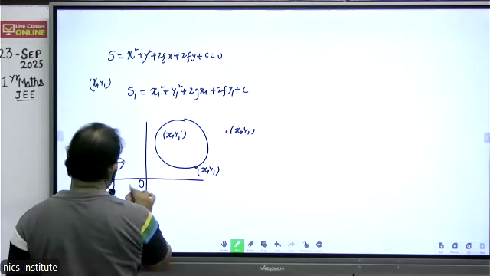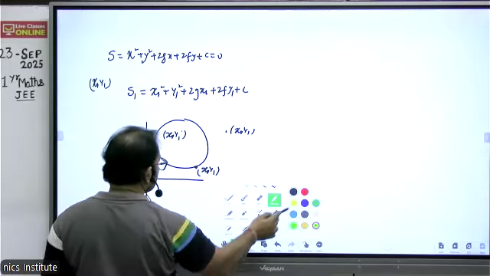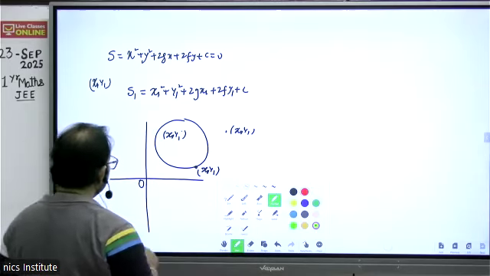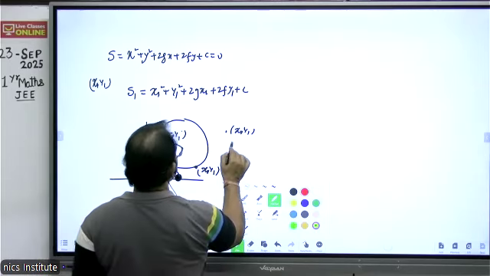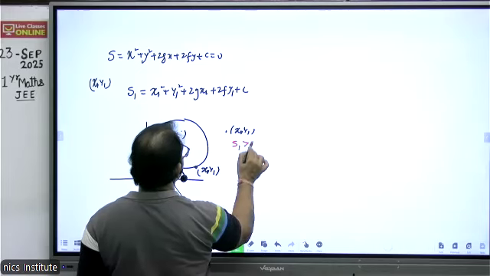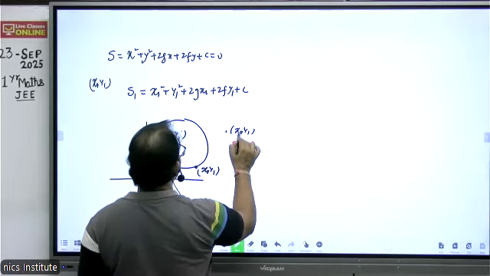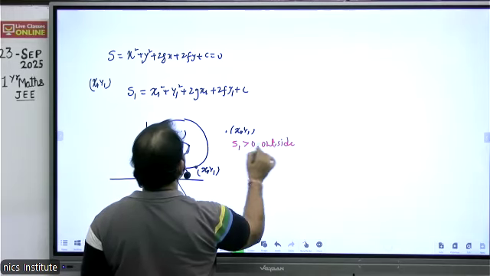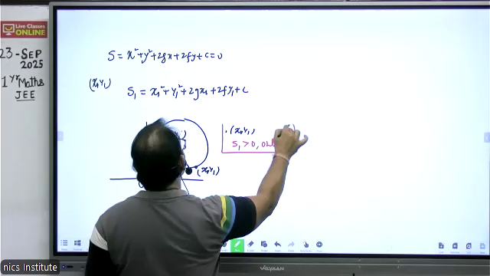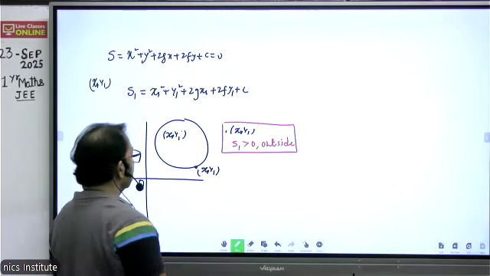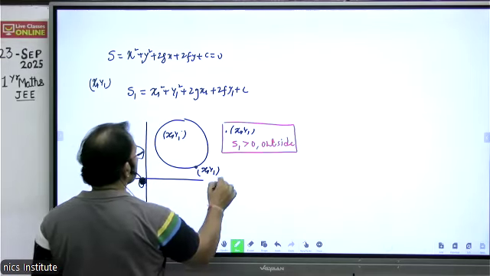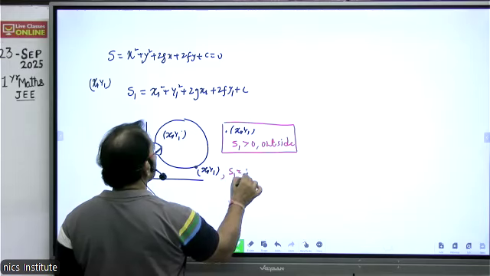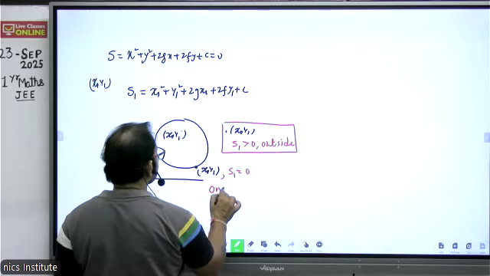How to identify? Using this value S1, you can identify. If S1 is positive, the point lies outside. If S1 is 0, point is on the boundary of the circle.